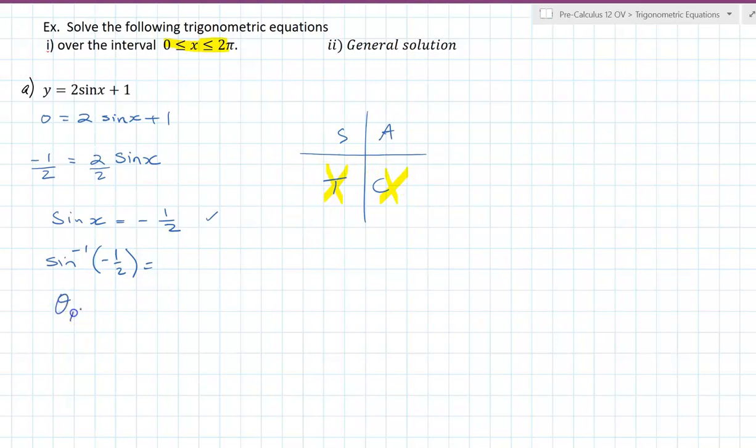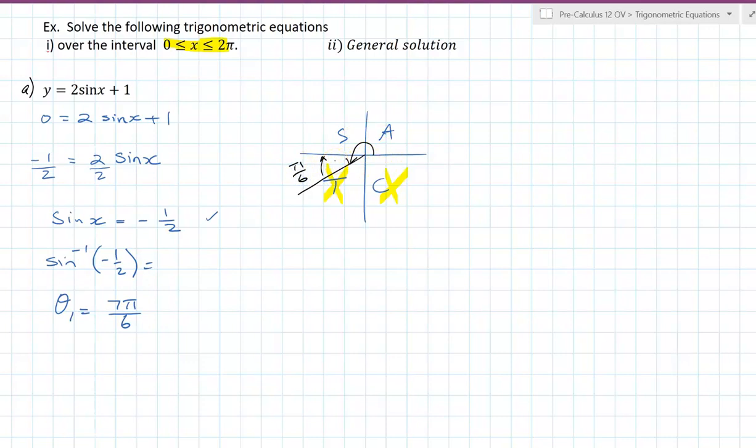So theta 1 will end up being, this is pi over 6, so it will end up being 7 pi over 6. Now that's an exact angle. Again, you can go back and check out the special triangles, okay? So this will be the standard position angle right there, because we know that the reference angle is pi over 6, so the entire thing is 7 pi over 6.